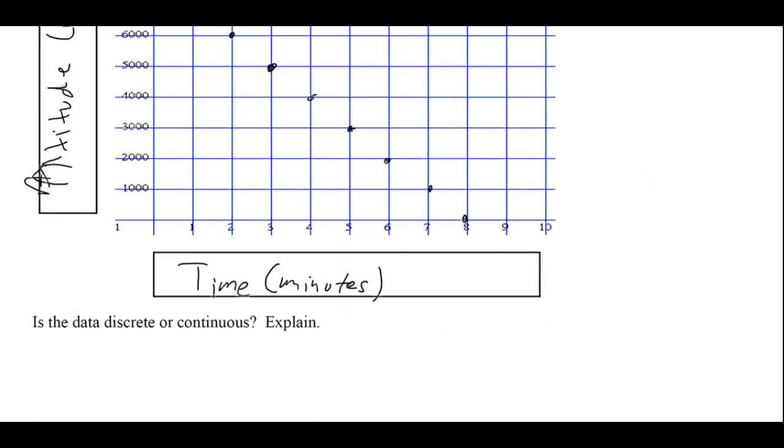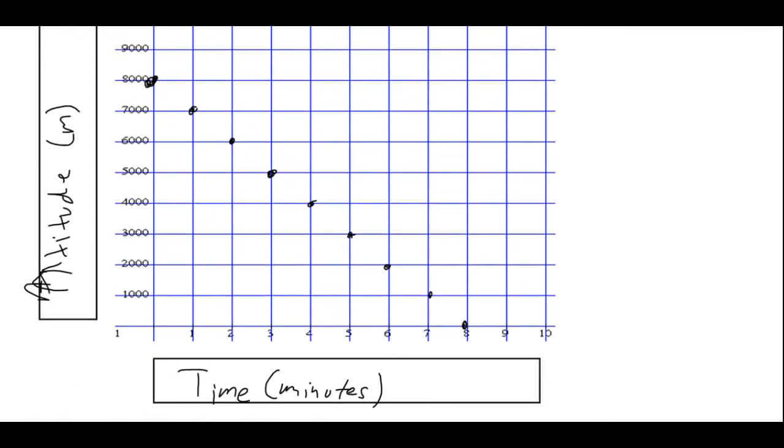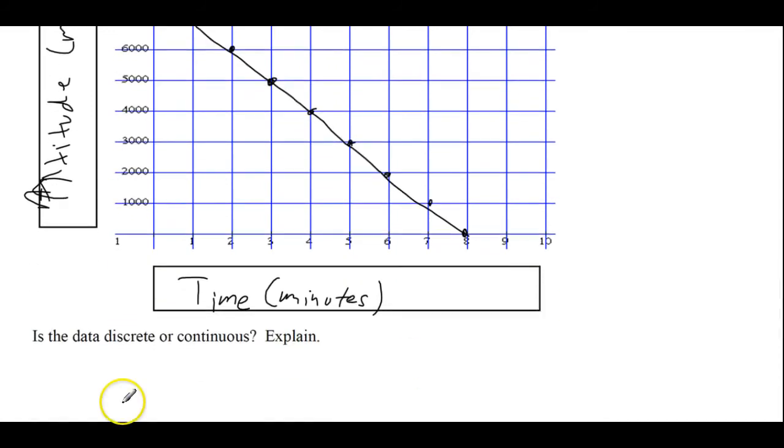Is the data discrete or continuous? Is there an altitude for 30 seconds or 1 minute and a half? And you say, yeah, certainly there is. The plane is going to descend through all values of altitude from 8,000 meters down to 0 meters. I'm actually amazed I got that straight of a line. So it is continuous data.